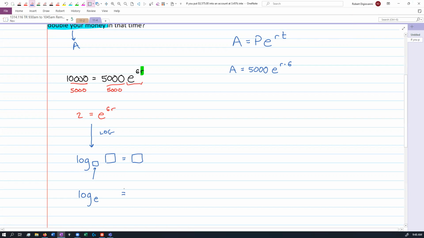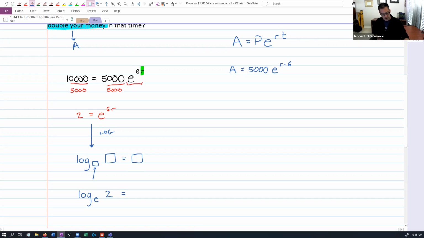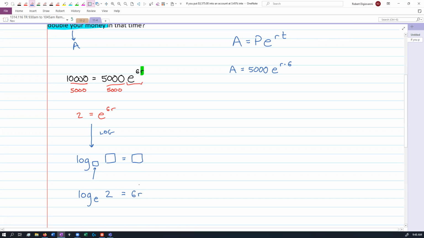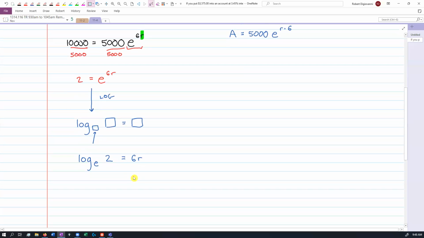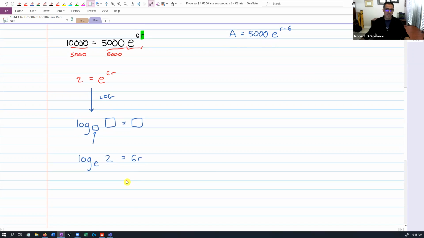And then 2. Then on the other side, careful, the whole thing, 6r. Does everyone see that? We're taking this and creating the logarithm from the expression. We double check: e raised to the 6r would be equal to 2. Yes, that's the original problem.